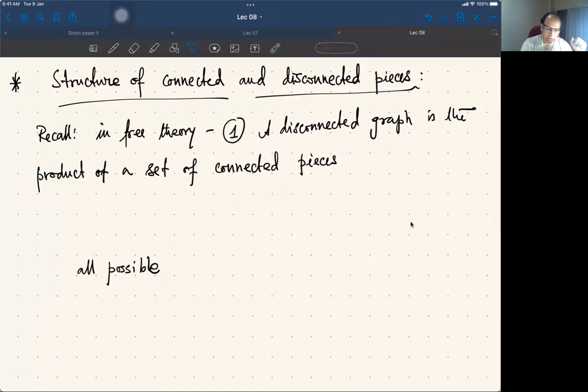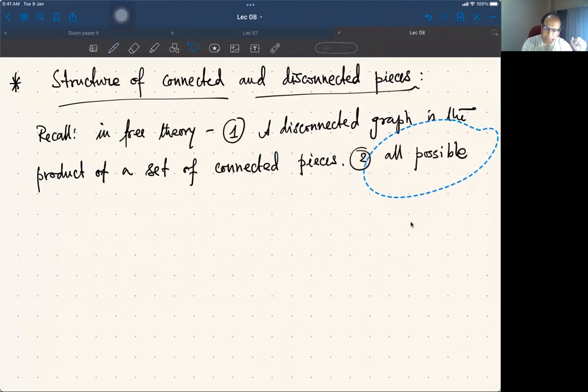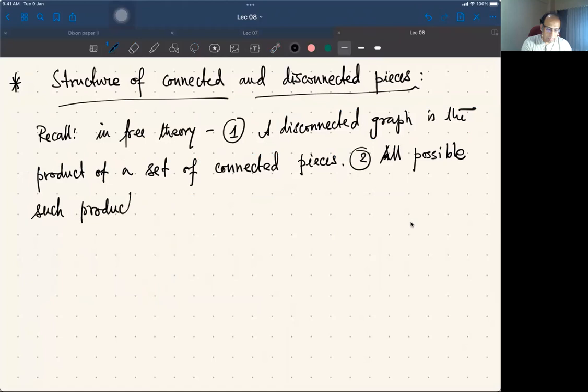And then observation 2 is that all possible such products appear in the generating functional.